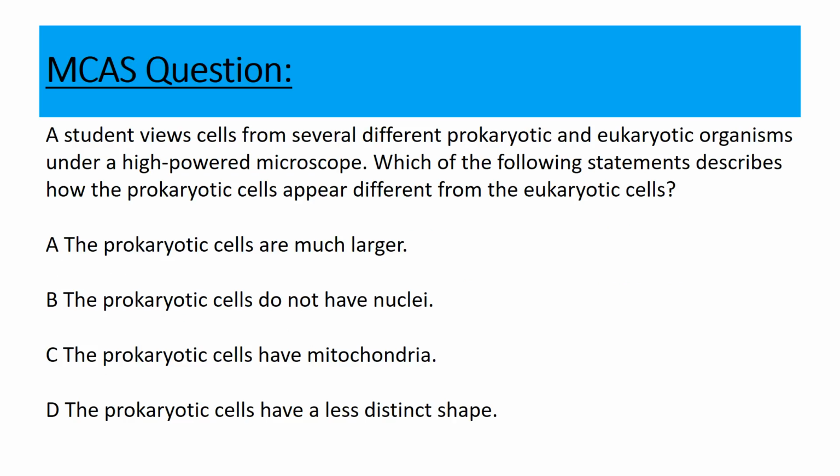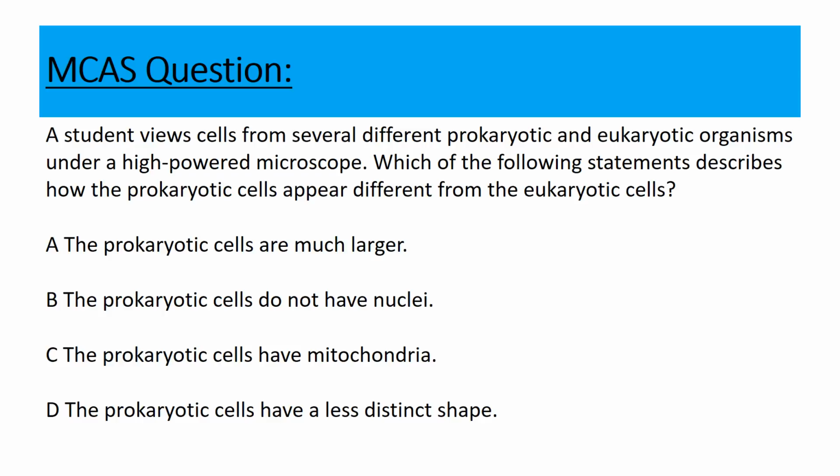A student views cells from several different prokaryotic and eukaryotic organisms under a high-powered microscope. Which of the following statements describes how the prokaryotic cells appear different from the eukaryotic cells? A, the prokaryotic cells are much larger. B, the prokaryotic cells do not have nuclei.